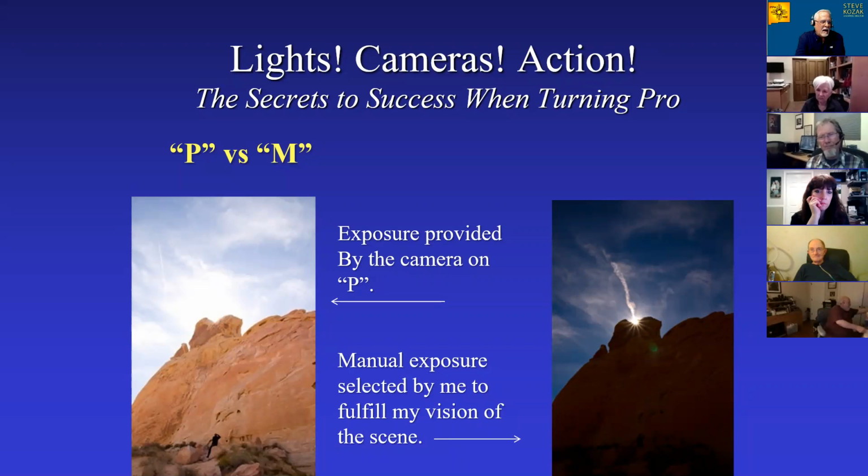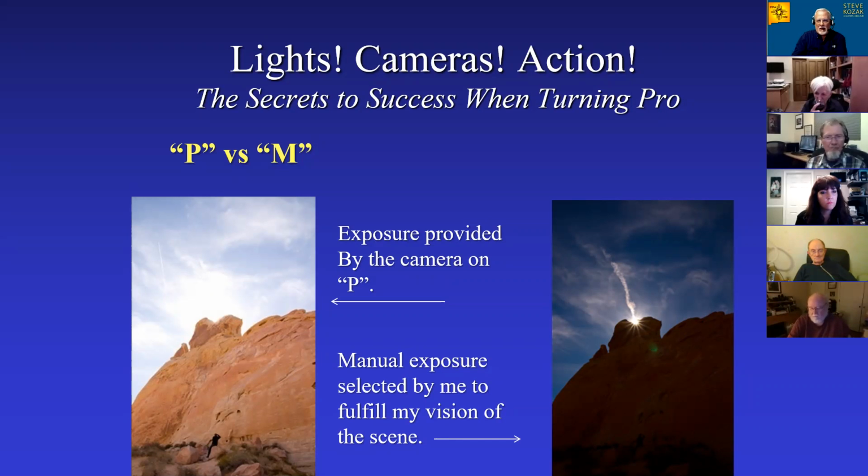And again, I'm using manual exposure to create the vision that I have and the vision that I saw when I was in that venue. And so that's kind of my compelling argument for you guys, is to really start shooting your camera in manual mode. Before we do that, let's talk about how the camera figures out how to calculate an exposure for you.